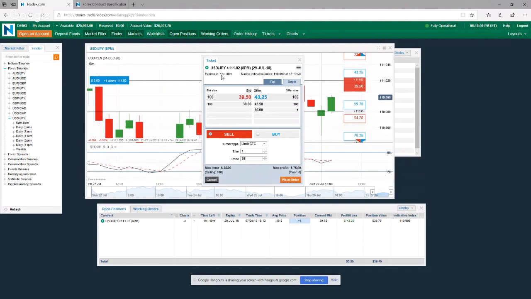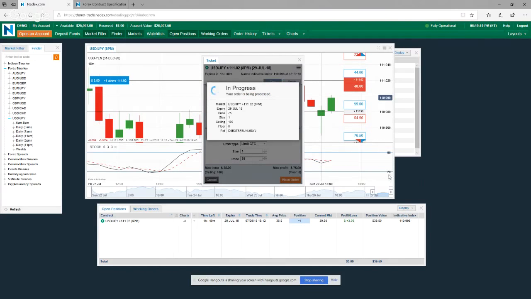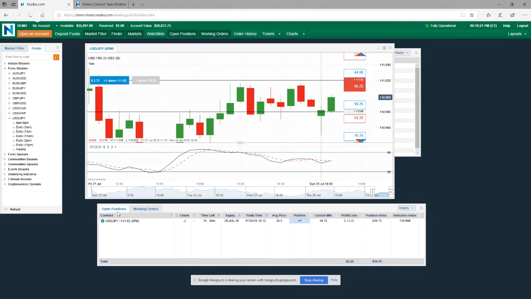That means to exit that position, I need to sell. And you see that the sell is highlighted. So all I have to do is place order. Now, that's going to give me an open position, but it's also going to give me a working order. The working order, if the sell price, which is down here at 39.50, gets to 75 and there's sufficient buyers and sellers, it would take me out of the market.